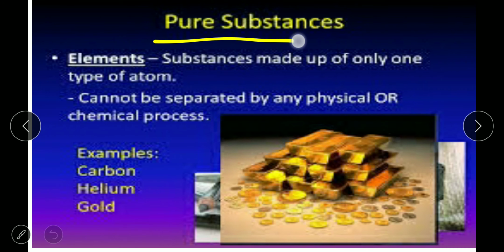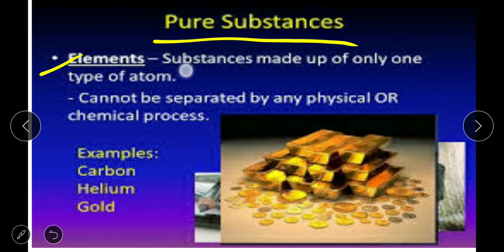Element. An element is a pure substance which cannot be broken down into simpler substances by ordinary chemical changes. Elements are further classified into metal, non-metal and metalloid.